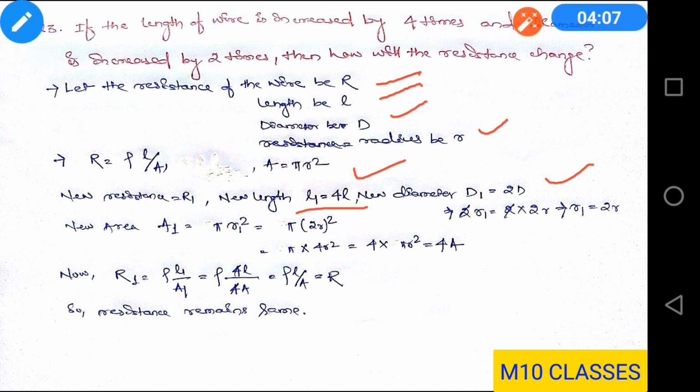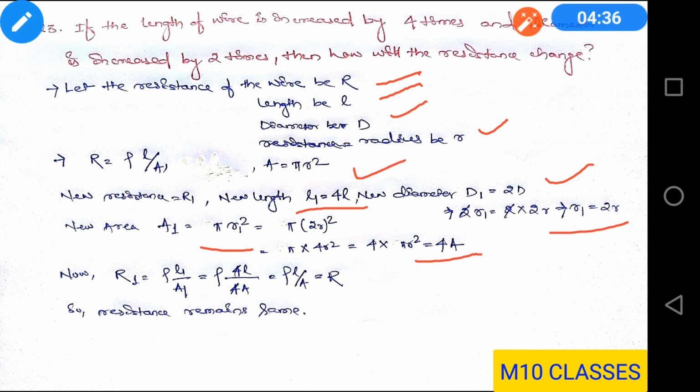Putting the value, you will get r1 equals 2r. What is the next thing to do? We have to find the new resistance. Before that we'll find A1, the area. Area is pi r1 square. Put the value of r1, that is 2r. From that you'll get 4 into pi r square, and that is nothing but 4A. That means the area is increased by how many times? 4 times.